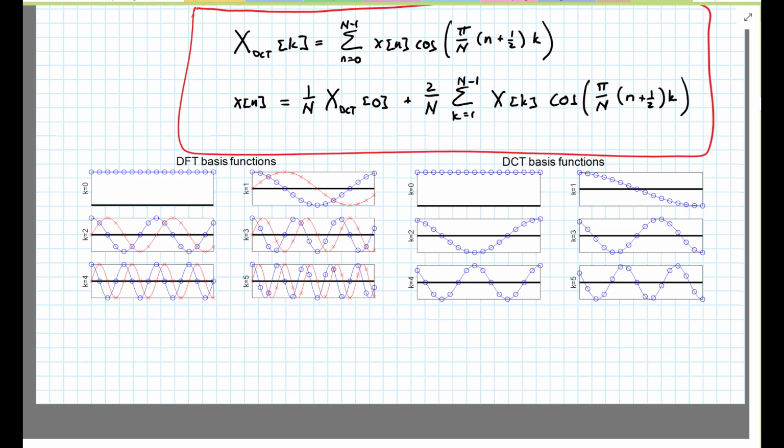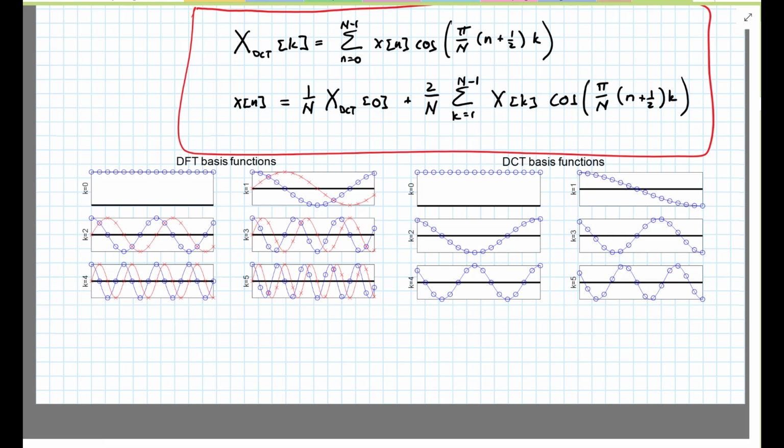Okay, so here we have the DFT basis functions, at least the first 6 of them, for capital N equal to 16. And you see we have the DC with k equals 0, and then just to the right of it we have the first one, which shows a single period, the cosine, and the imaginary part, the sine, is in red.